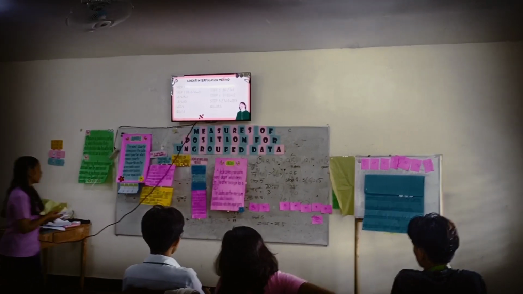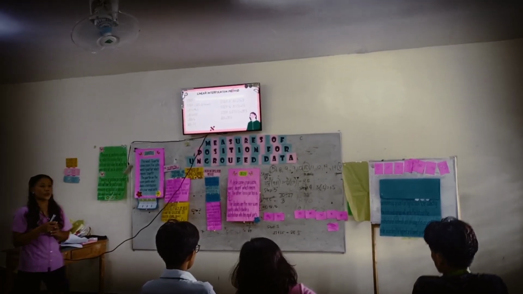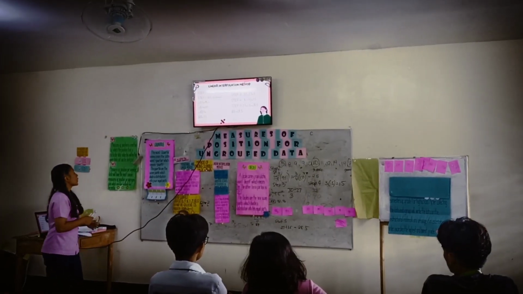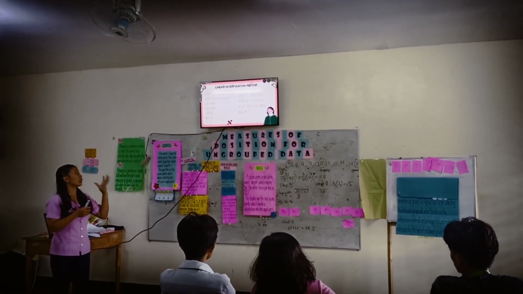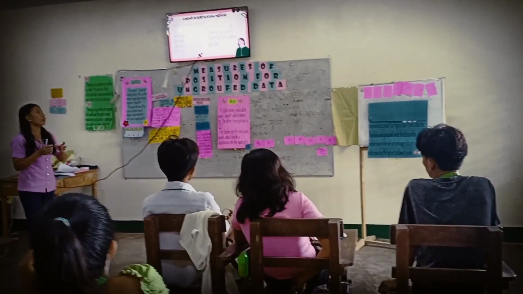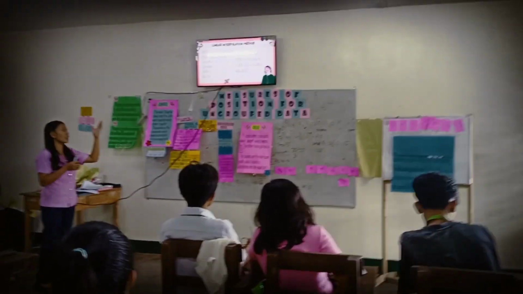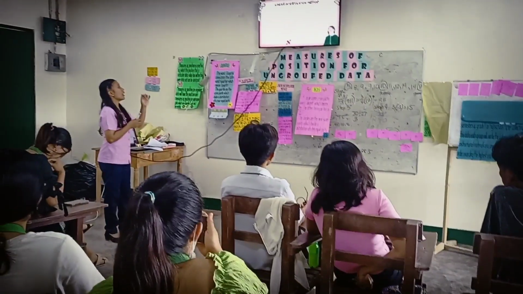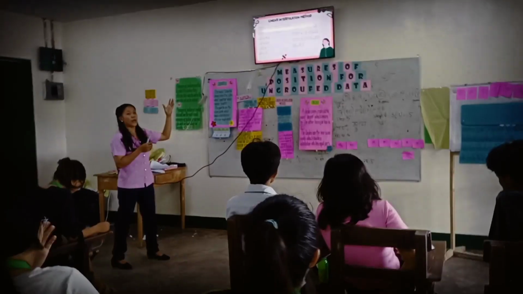7.5. So, very good. In our step 1, we arrange the scores in ascending order. In our step 2, we find the position of the upper quartile. We use our formula for the upper quartile, then we get the 7.5 position.